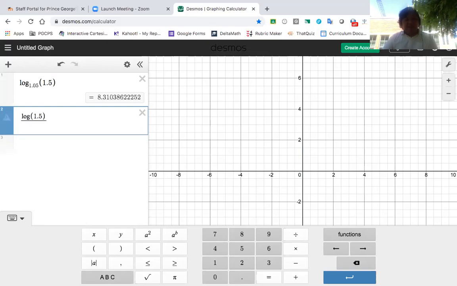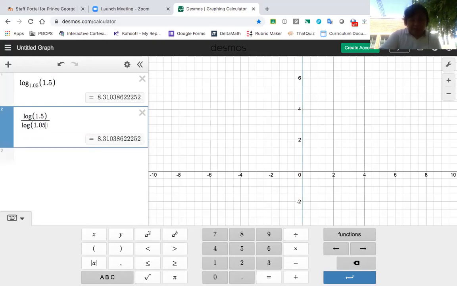Then we divide that by logarithm of the original base. Notice how the two answers are the same? So this is definitely a good way to show how the base change property is useful in calculations.